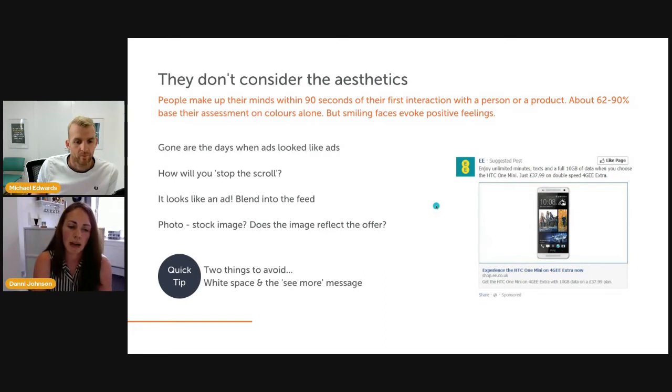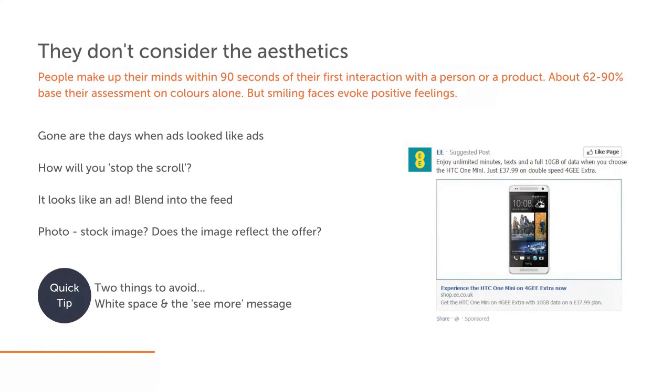So be mindful of that and how you can adjust that advert to fill the screen. The see more message has not appeared here, but they do advise that if you are having to get your customer to click before they engage, then that's a bit of a turn off. So if you can keep it to two lines, that's ideal.